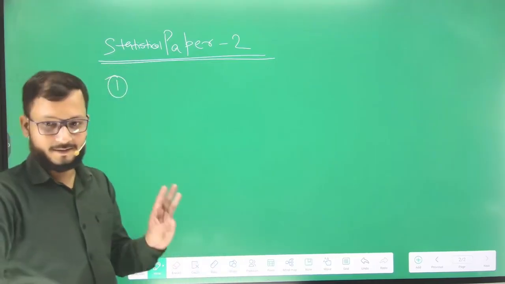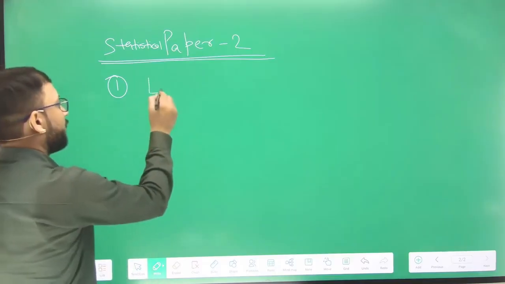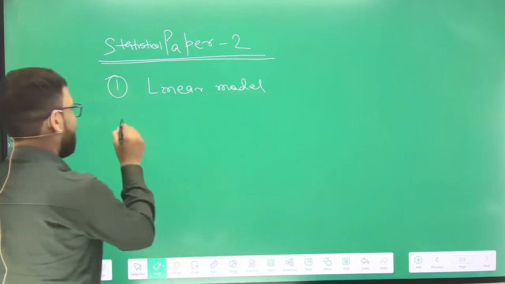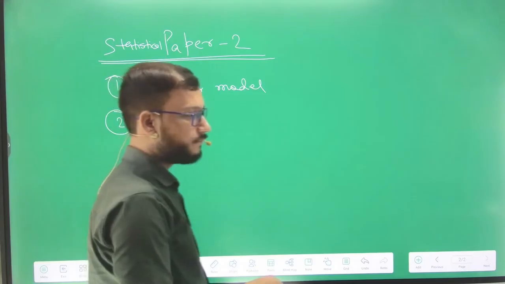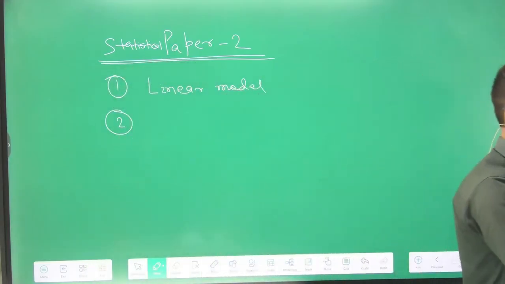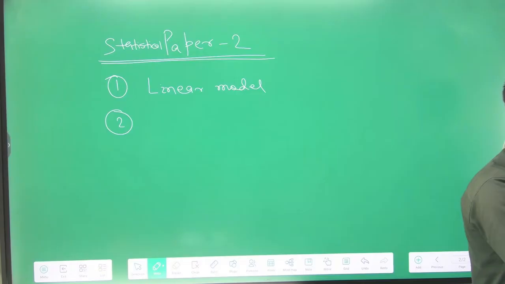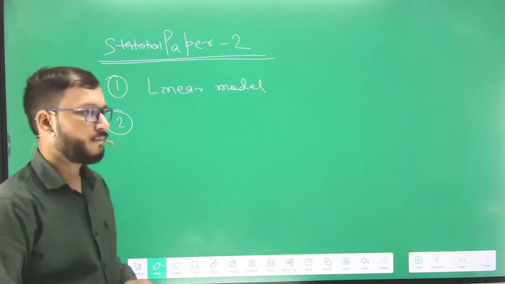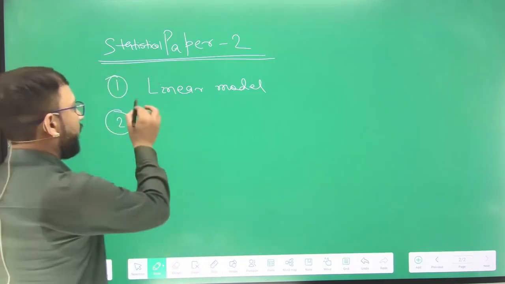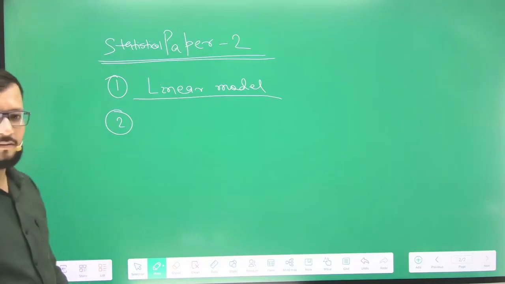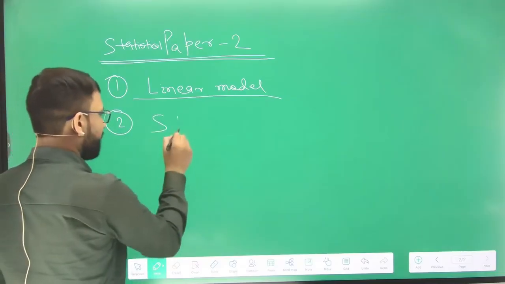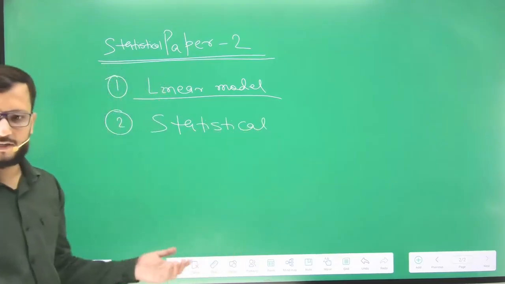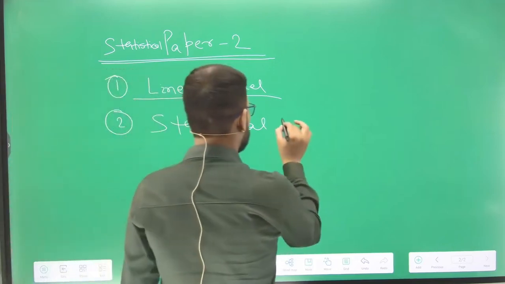So there are 3. One is linear model. Second is statistical inference, in which obviously point estimation, interval estimation and testing of hypothesis are there.